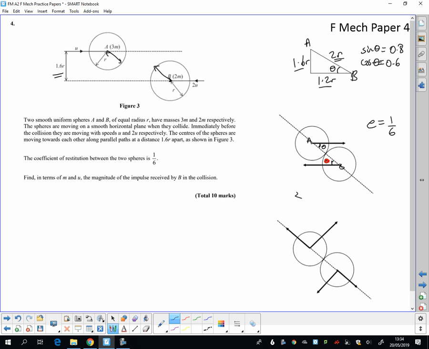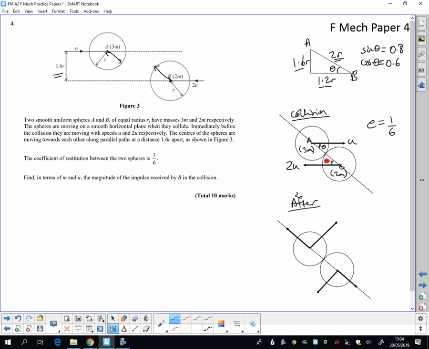We do also need a clear picture on this. So A is moving with speed u, B is moving with speed 2u. A has a mass of 3m, B has a mass of 2m. So this is my at the time of collision picture. And then I need to define what's going to happen after the collision.